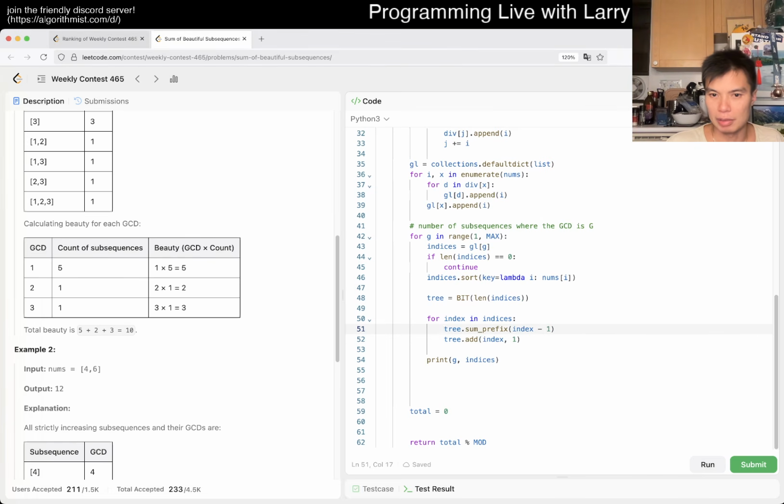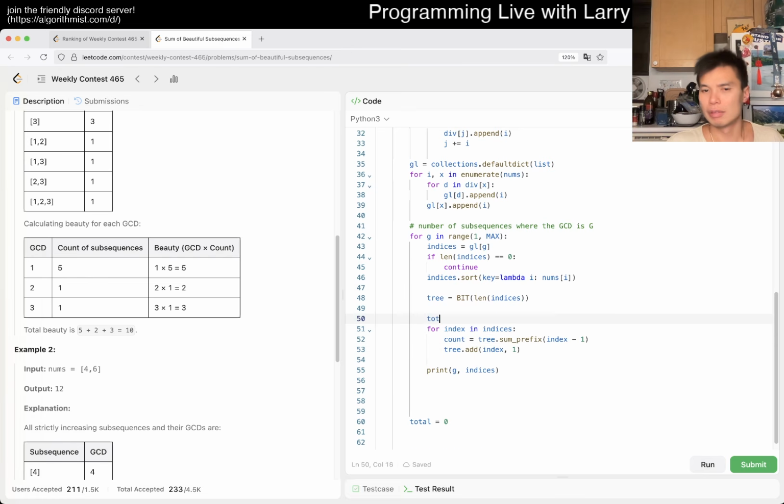So count is equal to this. Is that good enough?